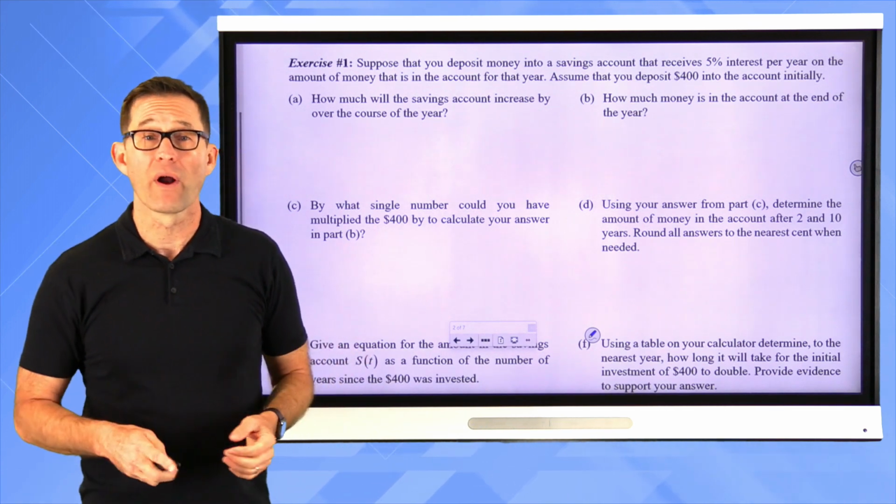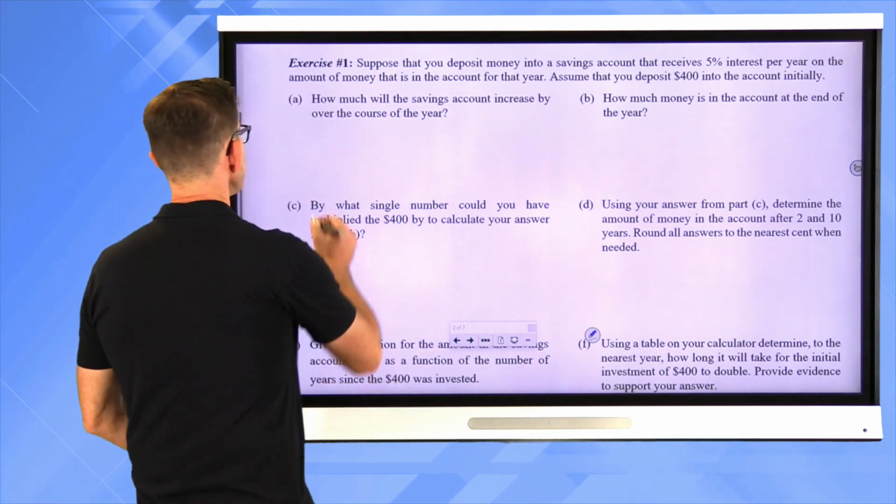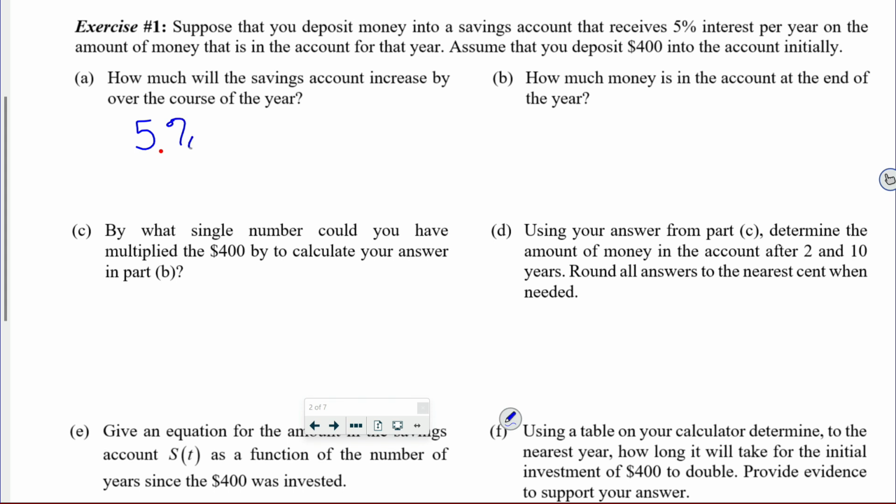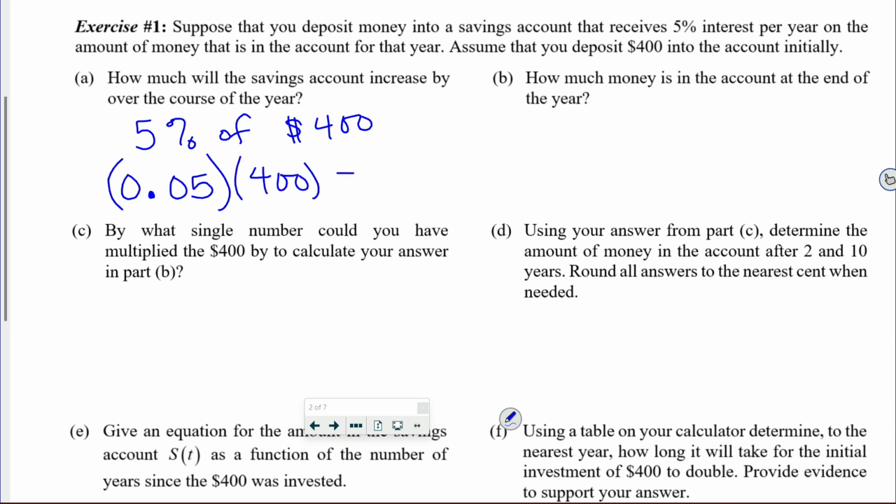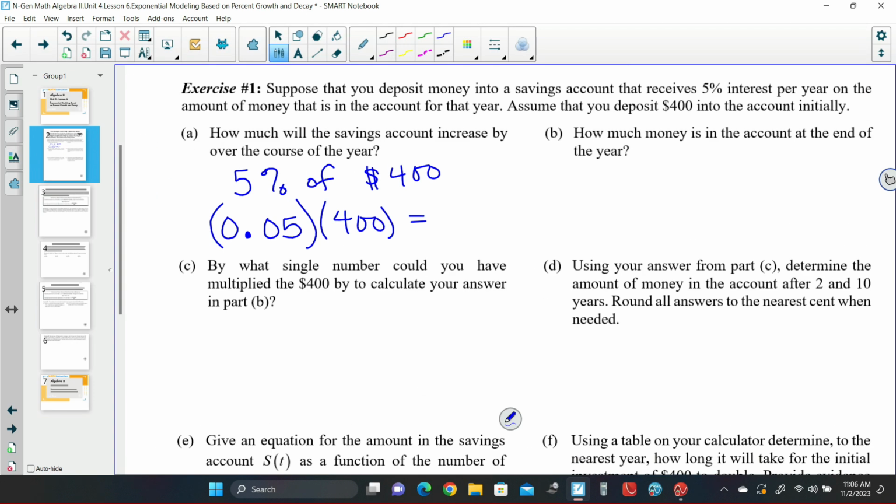Well, essentially what we're asking you to do is find 5% of $400. Now, hopefully all of you remember that the simple way of doing that is to take 0.05 and multiply it by 400. And of course, that's where we might want our calculator.